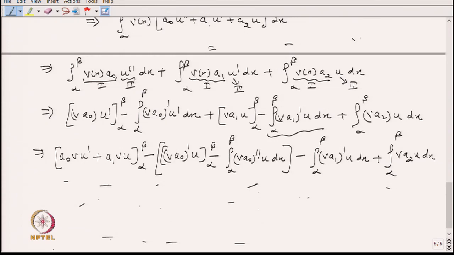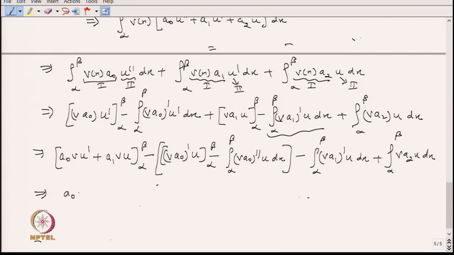Now, if I want to solve this one further, this factor I can again separate.